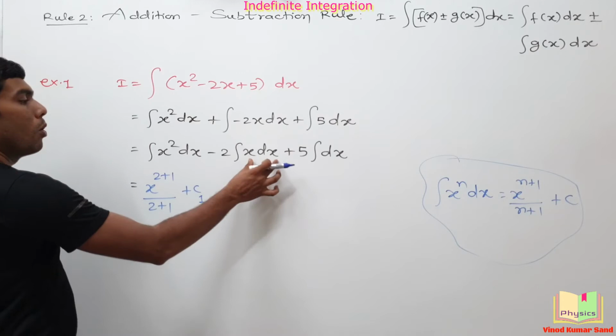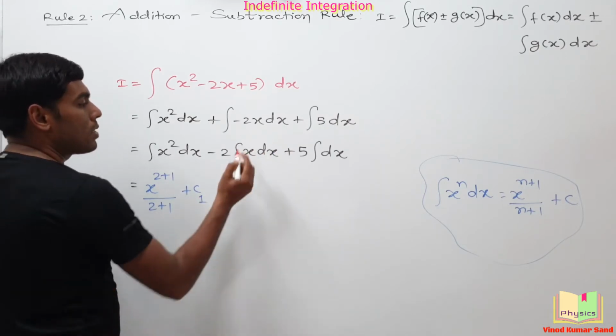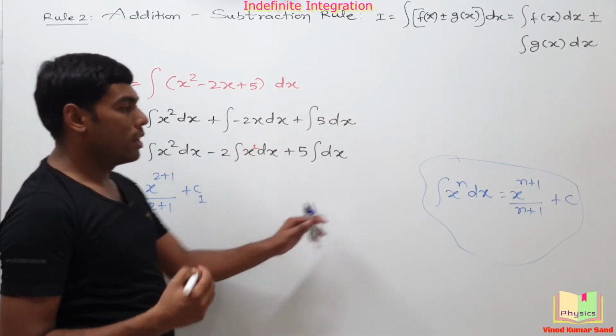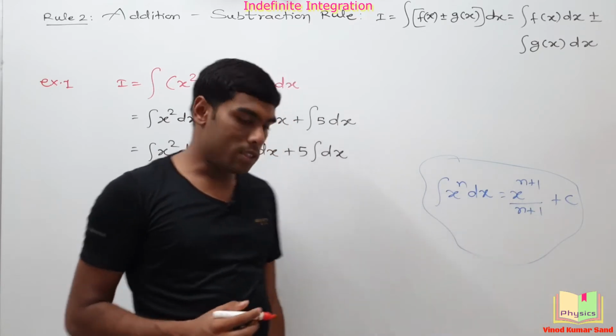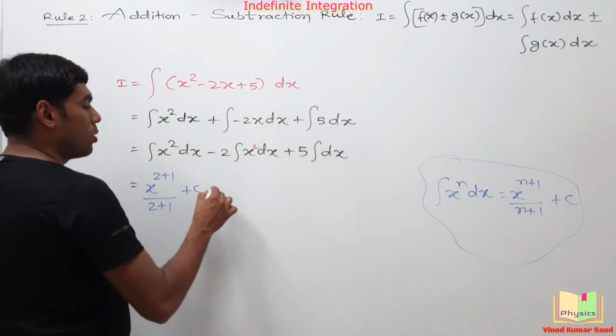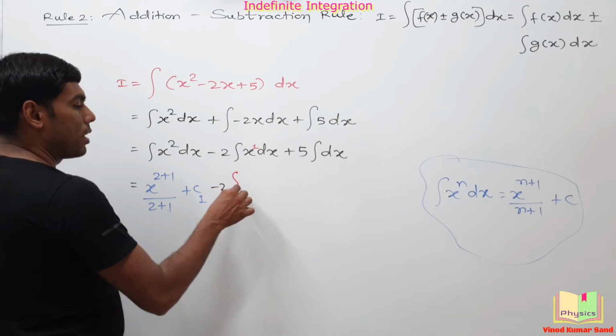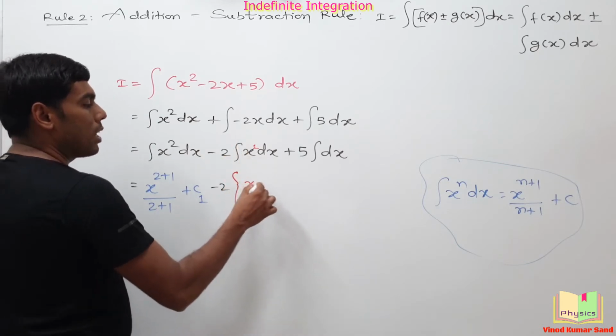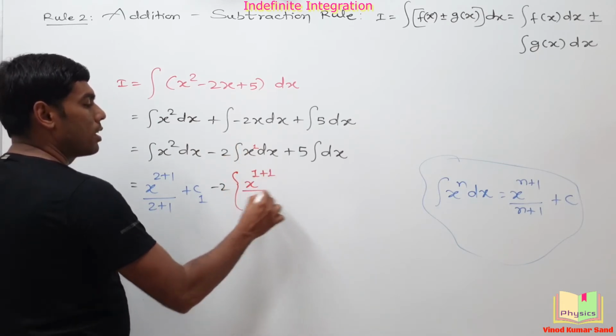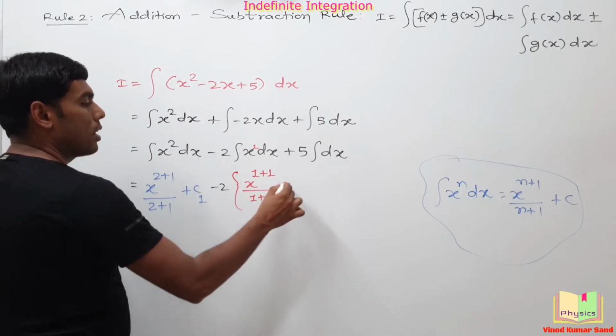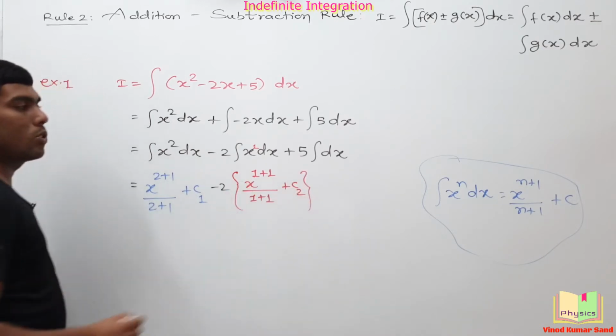Now operating this, you can imagine as x to power 1, and then you can utilize the formula again. Minus 2 lies here outside, and then operating this thing, it will be x to power 1 plus 1 divided by 1 plus 1 and some constant c2.